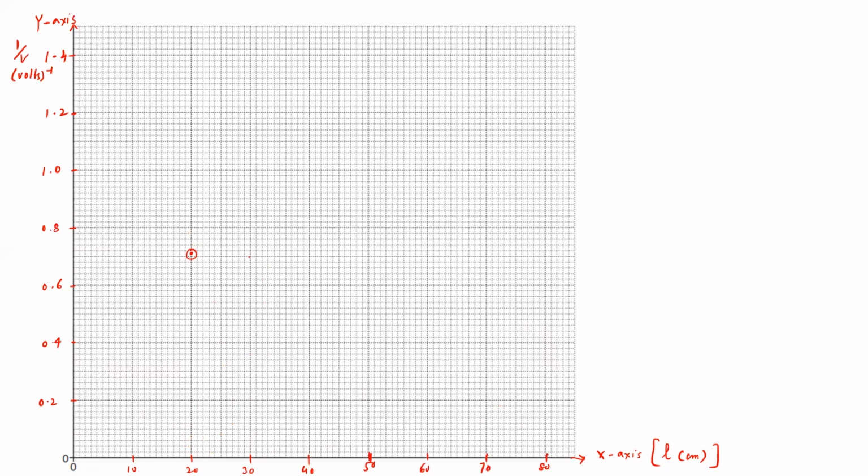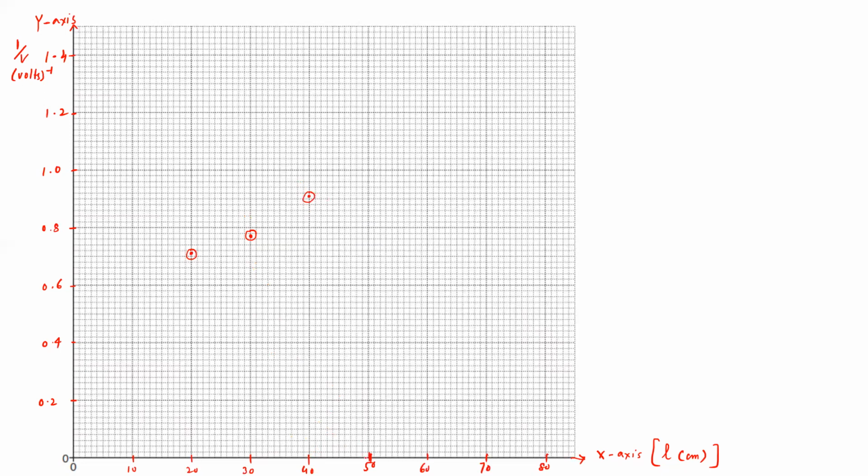So 0.7, 2, 4, 6, 8, somewhere here. Then on 40 we have 0.91. So this is 0.9, so somewhere here is my value for 40.